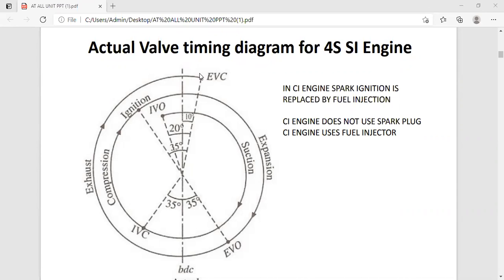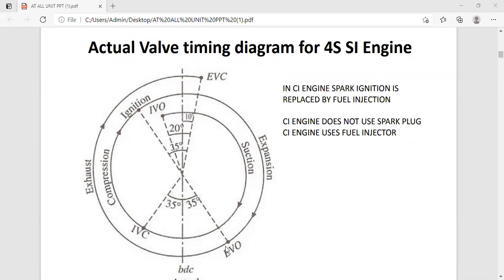The exhaust valve remains open even after the inlet valve has opened. The period when both valves are open is called valve overlap, and this helps drive out the exhaust gases efficiently. So the exhaust valve opens 35° before BDC and closes 10° after TDC.